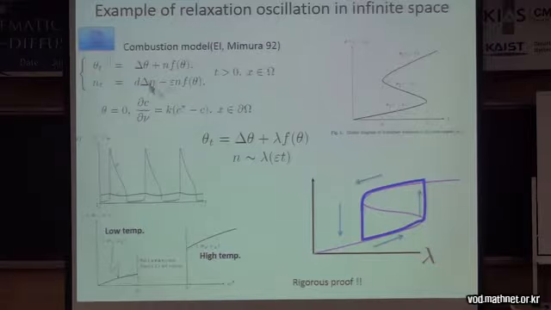In this equation, theta corresponds to the temperature in some sense, and N corresponds to the concentration of fuel. The boundary condition of temperature is a zero-degree boundary condition like this, and fuel is supplied through the boundaries like this. In this case, this fuel is a very effective fuel.